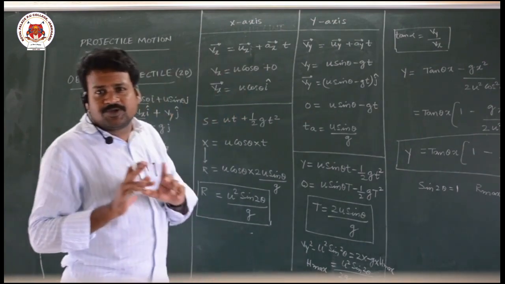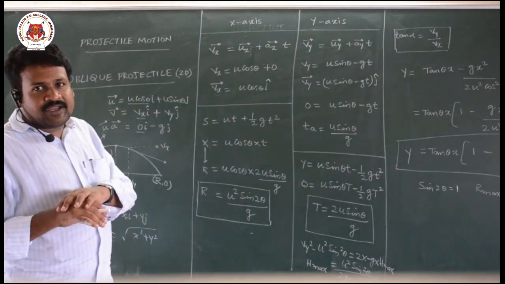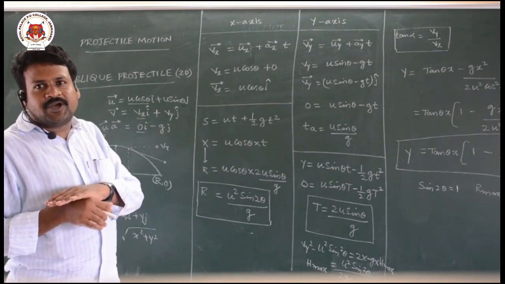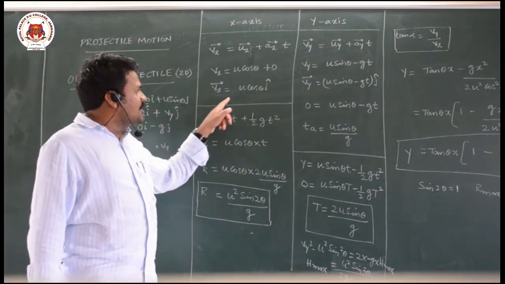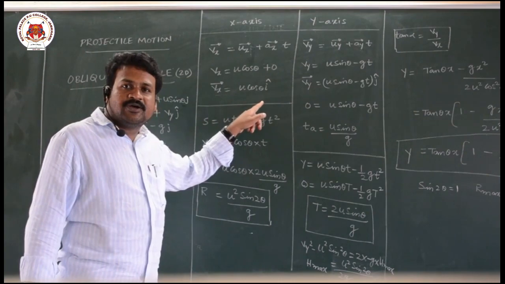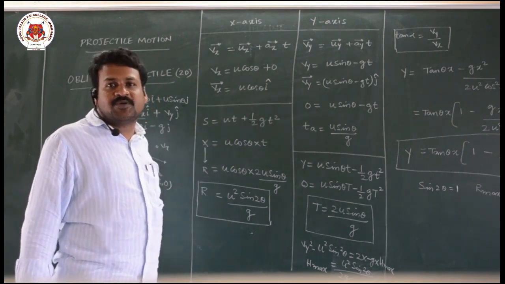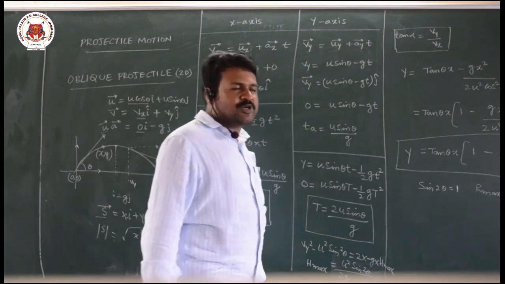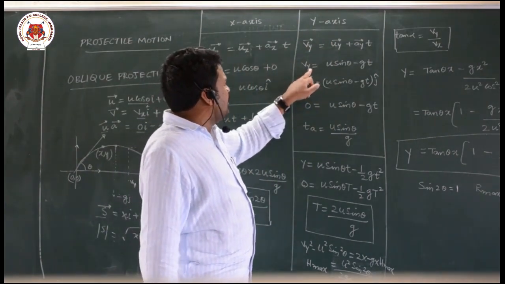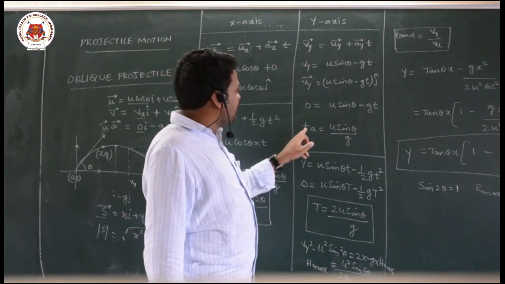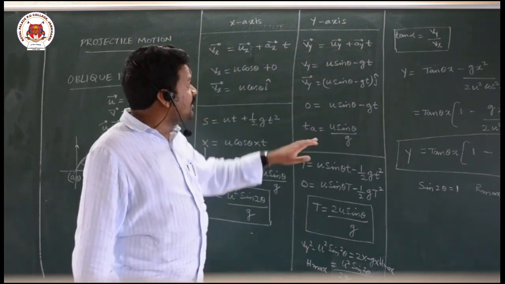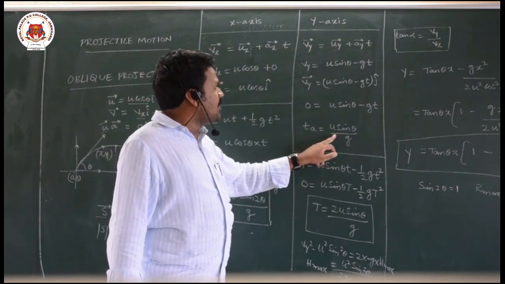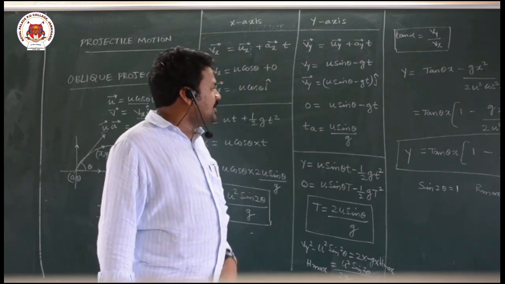So projectile motion can be defined as the motion of a body along the x axis with a constant velocity of u cos theta, and a freely falling body along the y axis with a velocity of u sin theta. Time of ascent in a vertically projected body, how much did you get? u sin theta by g.